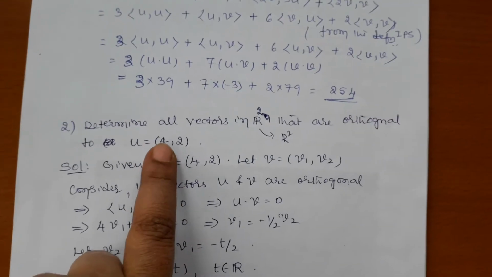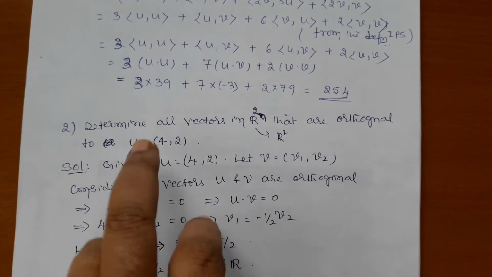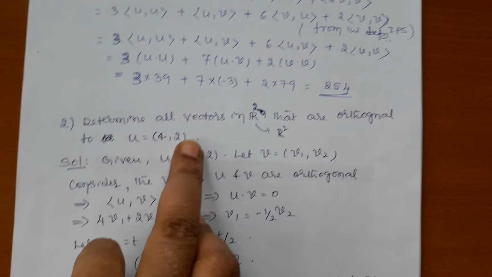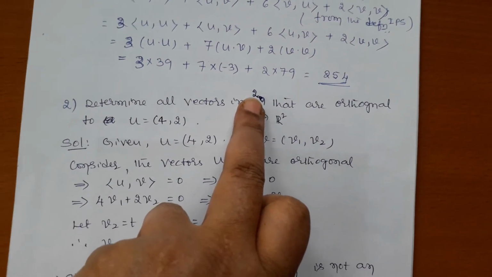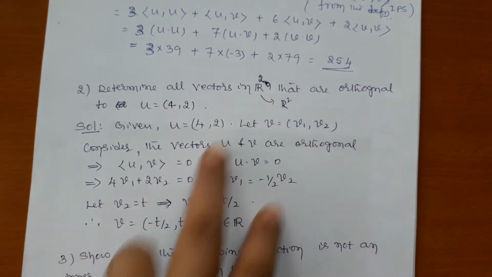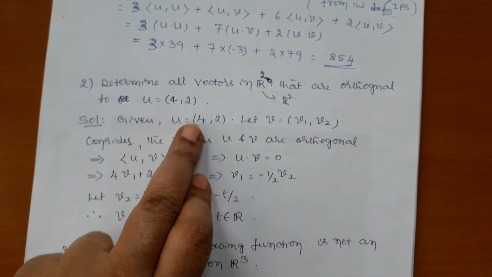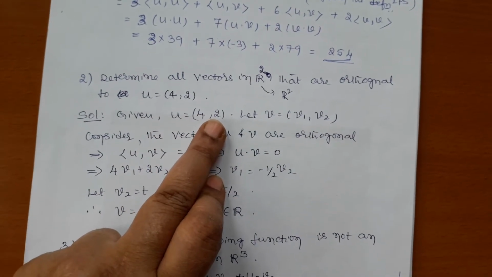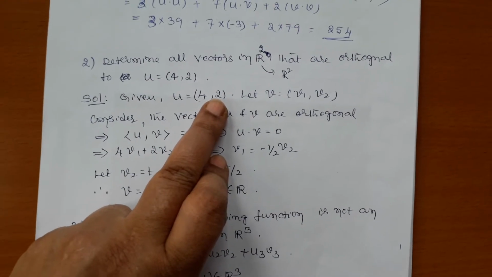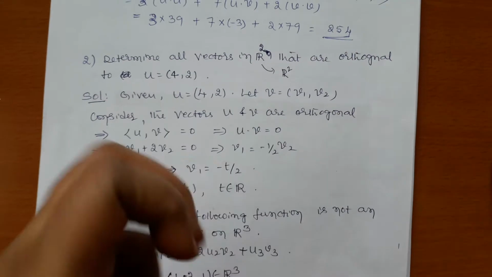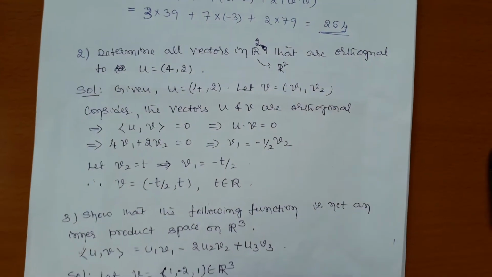They gave one vector. You have to find the orthogonal vectors of 4 comma 2 with dimension 2. A Euclidean space means the vectors are real numbers. See, what's the meaning of orthogonal vector? The inner product of u with any mutual vector must be equal to 0.